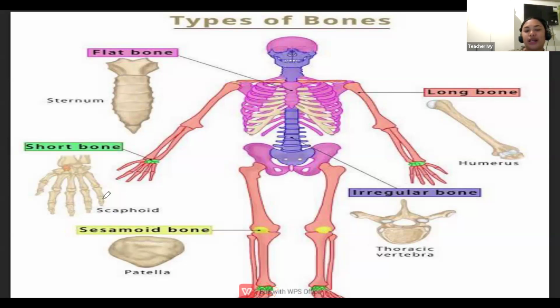Now, let's go back to Mark. Since Noel had already identified the name of the bone in the foot, what is the name of the bone that is found in your wrist? If the foot's short bone is called the tarsals, what do you call the bone that is in your wrist?